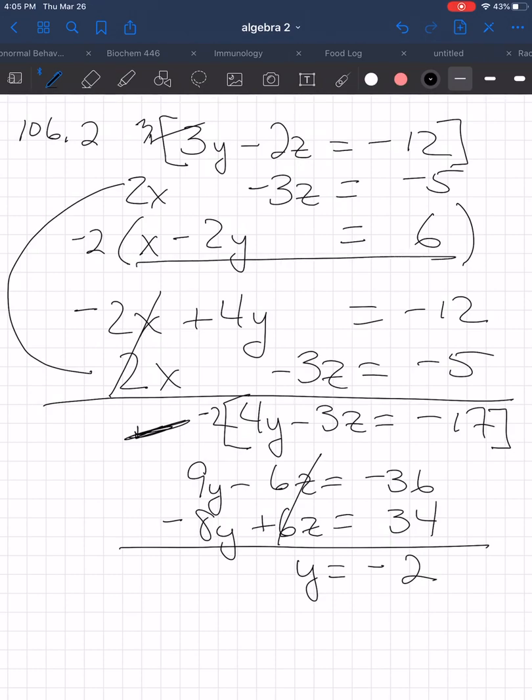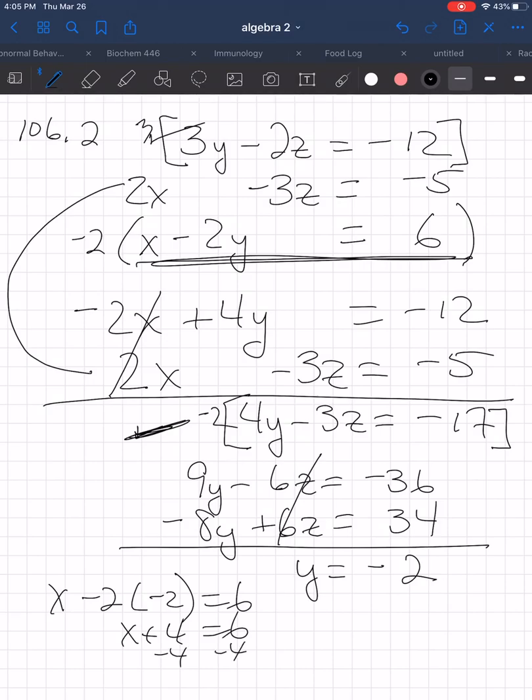Okay, well, I'm just going to take it right here because that one pops out at me. So x minus 2 times negative 2 equals 6. X plus 4 equals 6. So x equals 2. And now we need the z. How about this one? 2 times 2 minus 3z equals negative 5. 4 minus 3z equals negative 5.